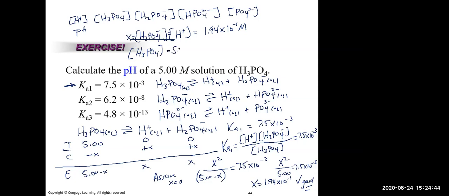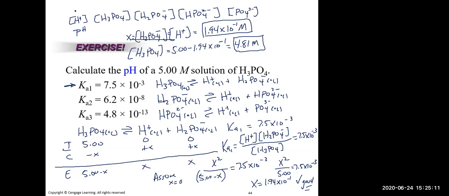We also can find the value of our phosphoric acid. That is equal to 5 minus x, which would be 1.94 times 10 to the minus 1, and that's going to get us 4.81 molar. So just from the very first dissociation, we have several answers given to us.